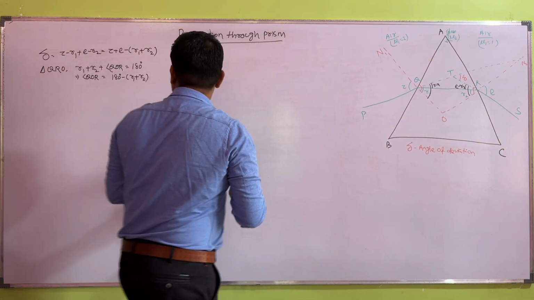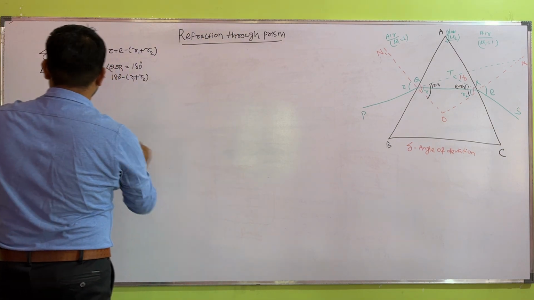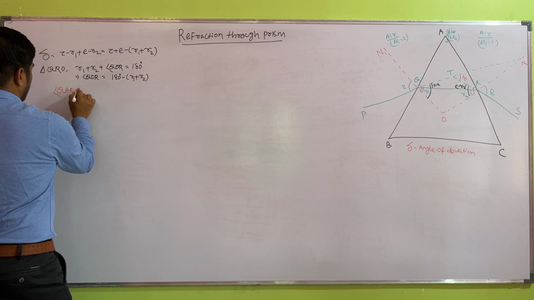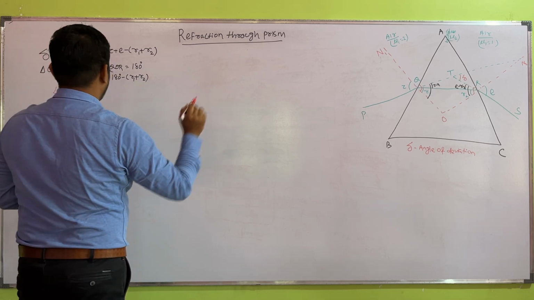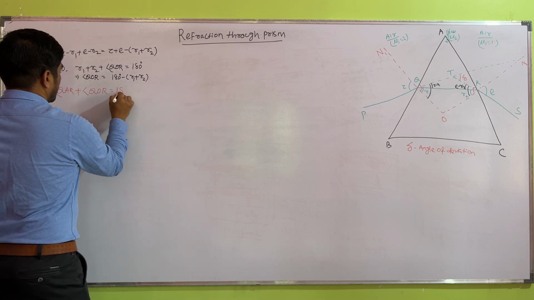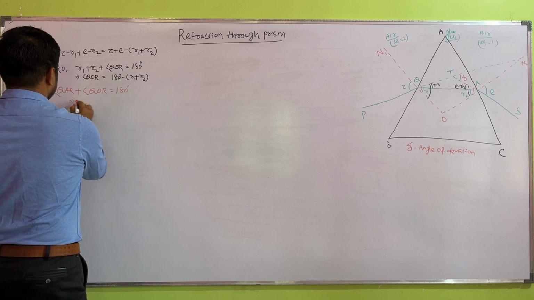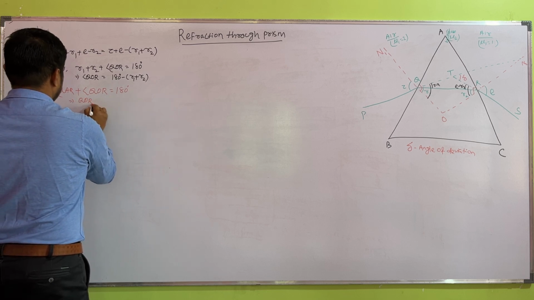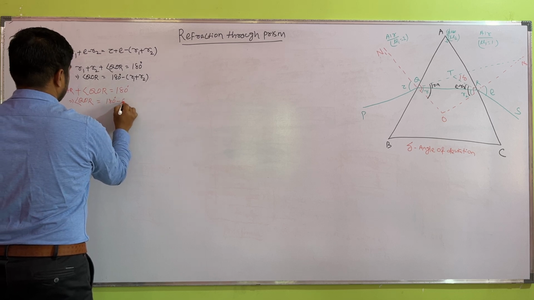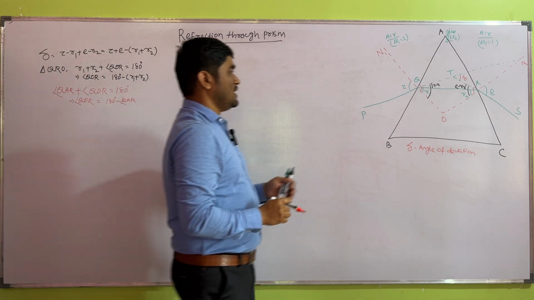So we can write the angle QAR plus QOR will be 180 degrees. That implies QOR will be equal to 180 degrees minus QAR. So what is QAR?